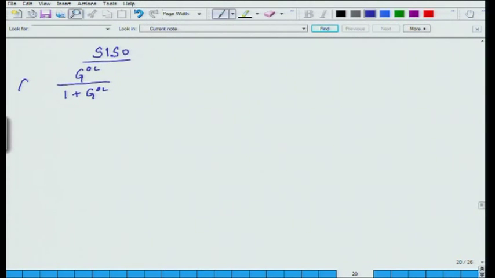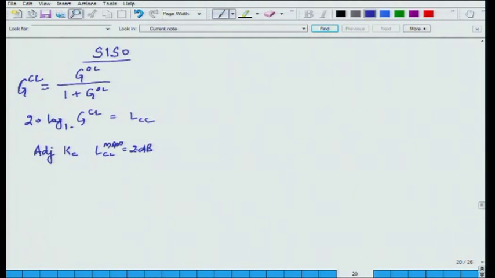Define this as G closed loop, and then what you do is 20 log on base 10 of G closed loop, you define this as LCL or L closed loop, and then what you basically do is adjust Kc such that LCL max is equal to 2 dB. That is what we do, right.